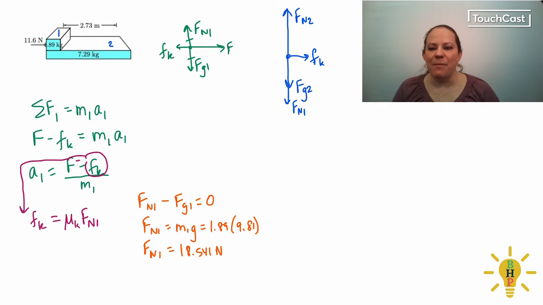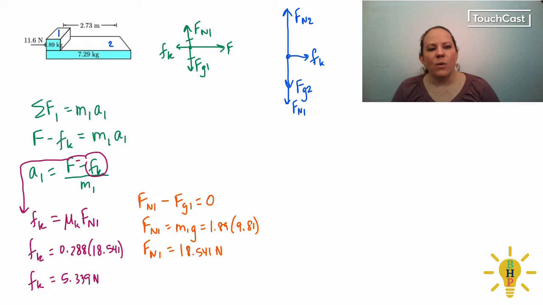So now I can use that back over here to figure out my kinetic friction force. My coefficient of friction was 0.288, and we'll multiply that by the normal force that block 1 is experiencing, and I get a value for the frictional force of 5.339 newtons. So from here, we can now plug in the things that we know back for our acceleration.